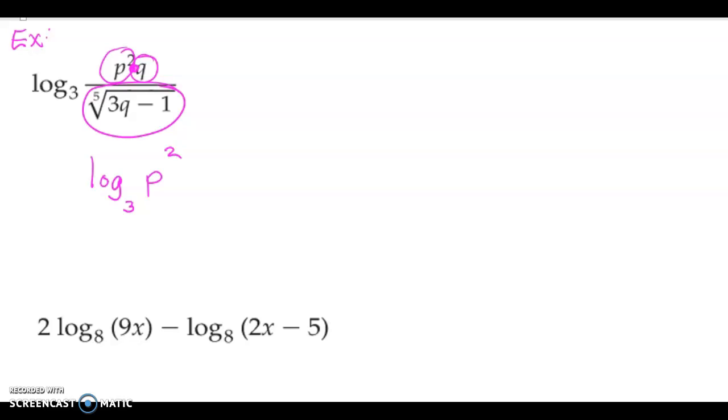We're multiplying on top, so we're going to say plus log base 3 of q. Now, anything that comes out of the denominator is subtracted. So minus log base 3, and we've got the 5th root. I'm going to rewrite that 3q minus 1 to the 1/5 power.